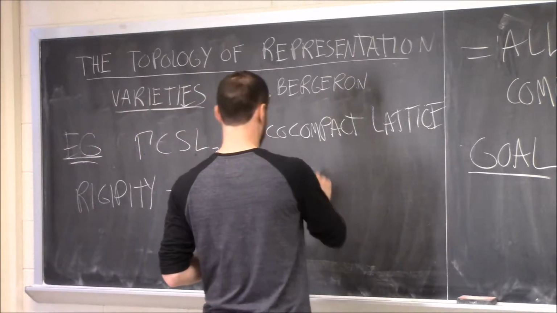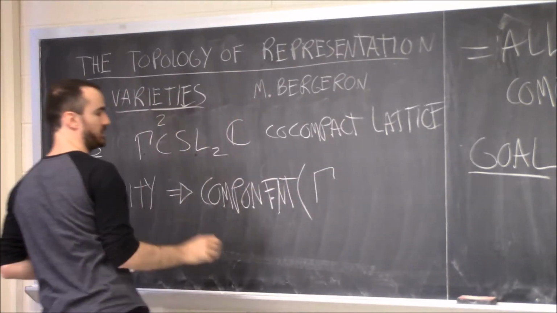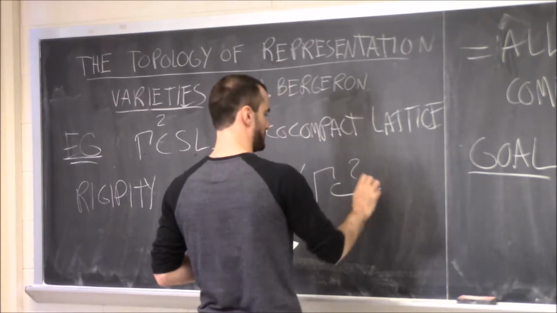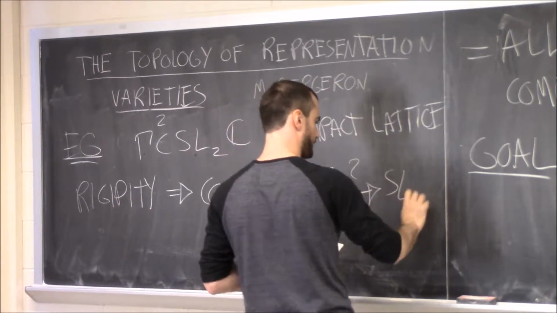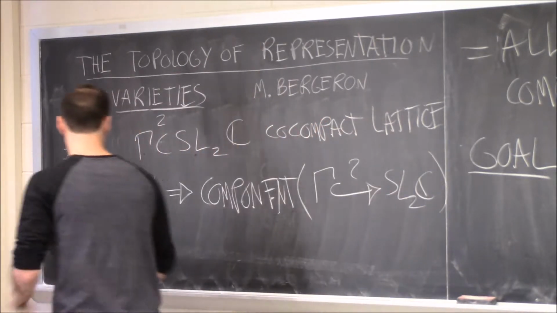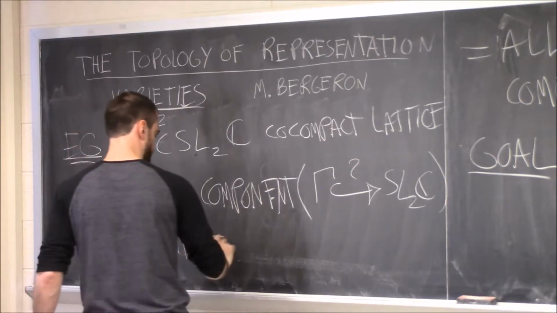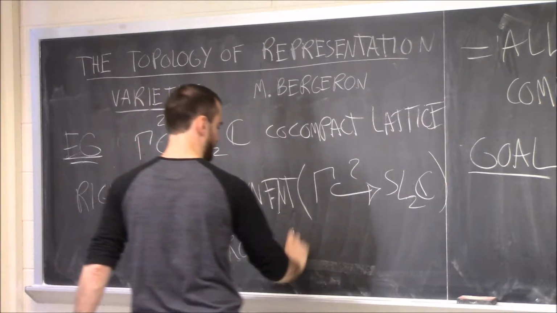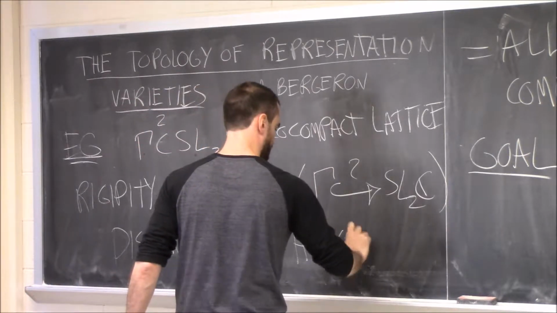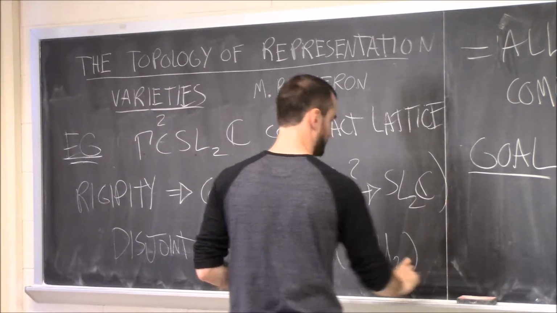So the component, let me call this little guy here iota. So the component containing this representation is disjoint from Hom(Γ, SU2).